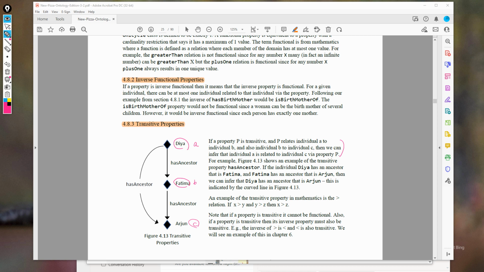For example, the transitive property in mathematics is like greater than. If X is greater than Y, and Y is greater than Z, then of course X is greater than Z. This is a good example.